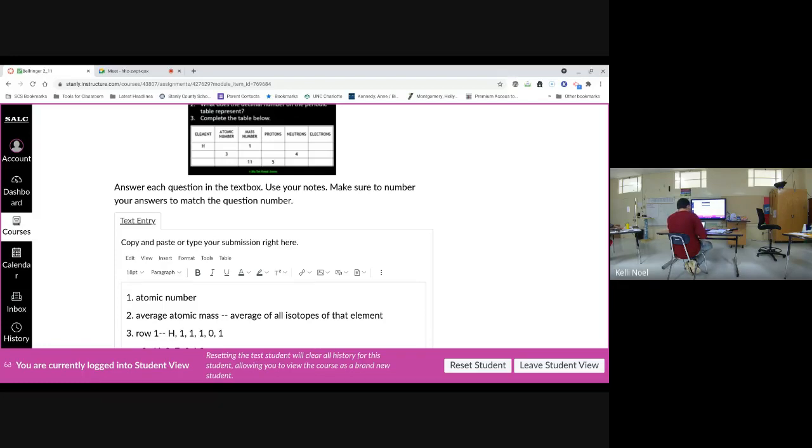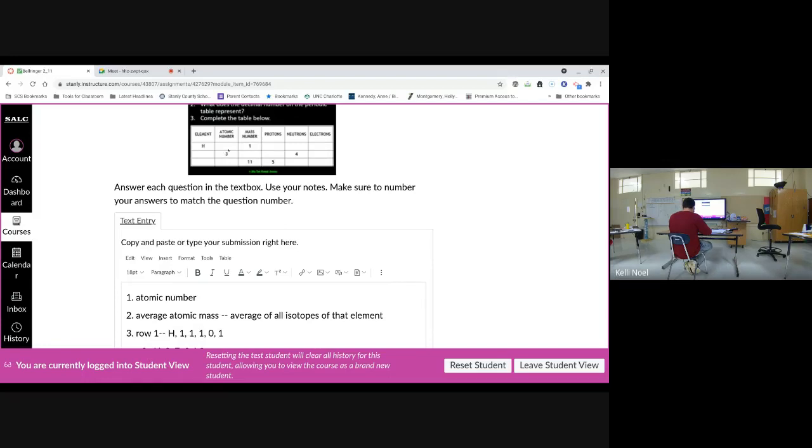They gave you the mass number. Protons is always the same as atomic number, so it's 1. You subtract mass and protons, so 1 minus 1 is 0 for neutrons. And electrons is always the same as protons. So you can just write row 1 dash H comma 1 comma 1 comma 1 comma 0 comma 1.